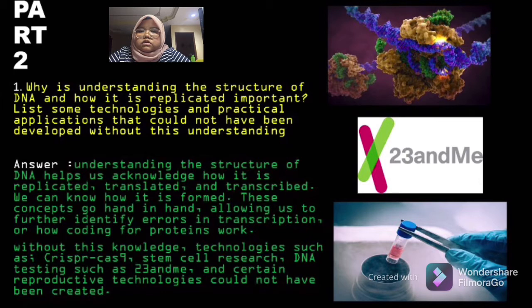These concepts go hand in hand, allowing us to further identify errors in transcription or how coding for protein works. And without this knowledge, technologies such as CRISPR-Cas9, stem cell research, DNA testing such as 23andMe, and certain reproductive technologies could not have been created.